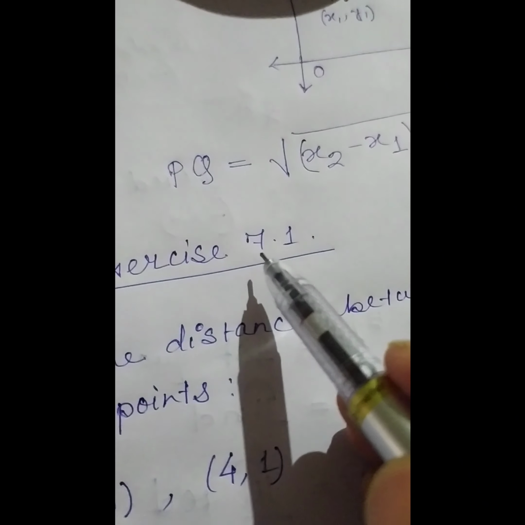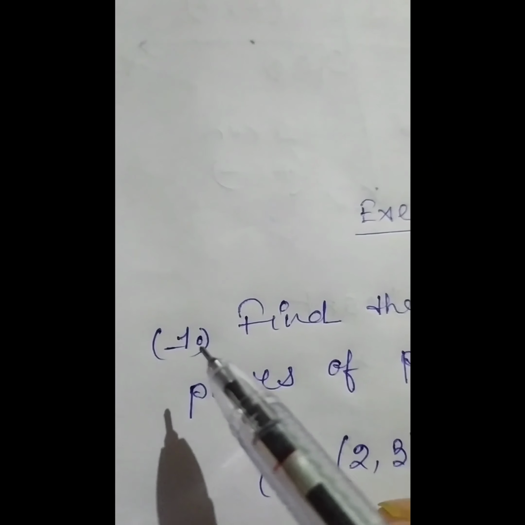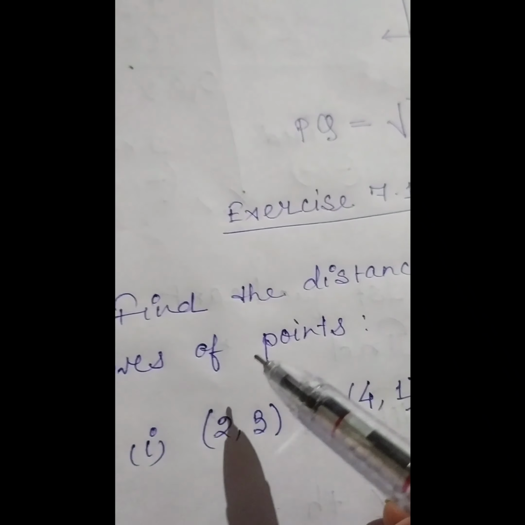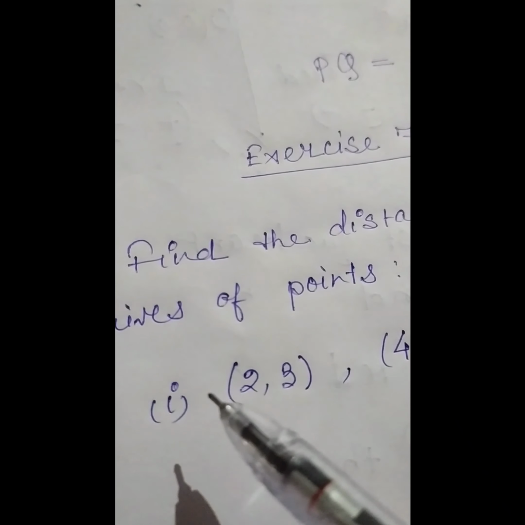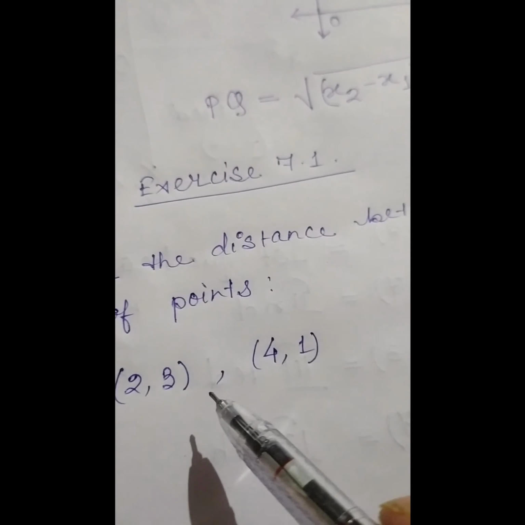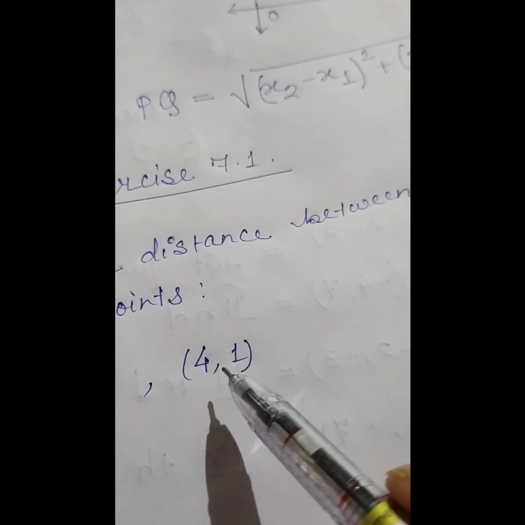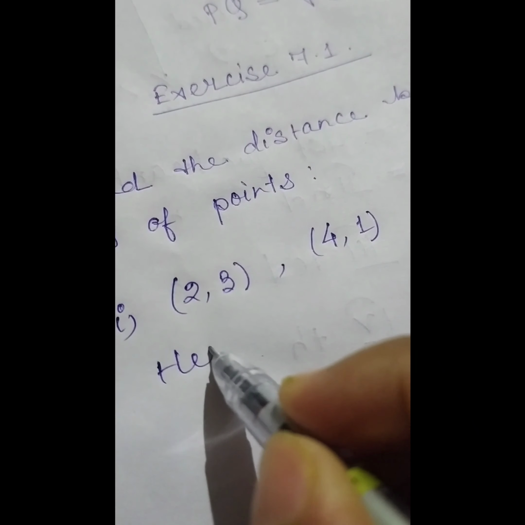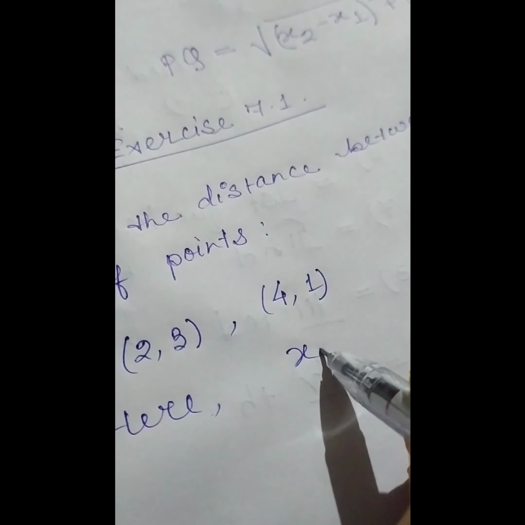Exercise 7.1, question number 1. Find the distance between the following pairs of points. Number 1: (2, 3) and (4, 1). That means here, what is x1?